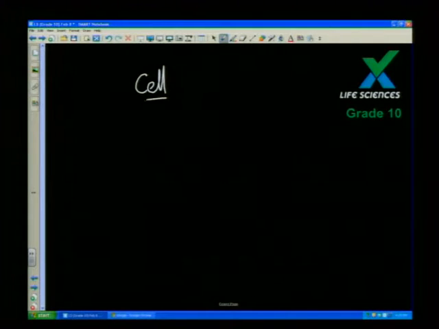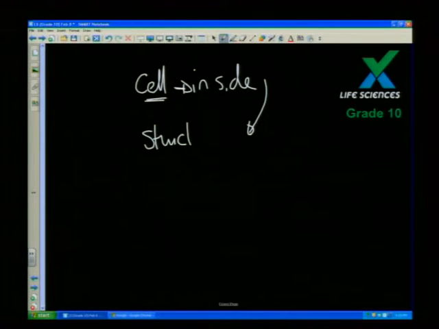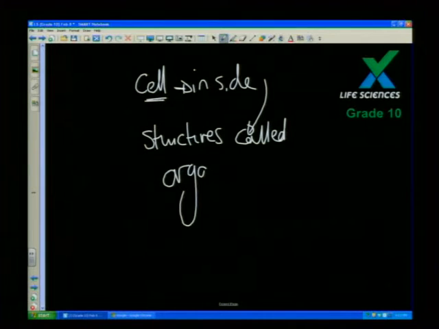You have a cell. Inside that cell, we have little structures called organelles.